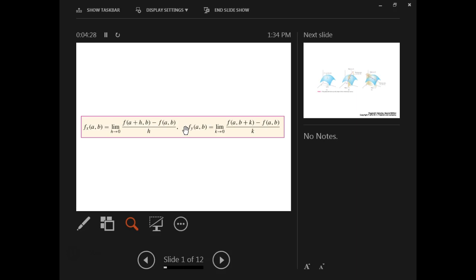Now, those two partial derivatives don't have anything in common. F sub x could be increasing while f sub y is decreasing. We saw that in Ohm's law. F sub x could be increasing greatly, and f sub y could be decreasing slowly or increasing slowly.